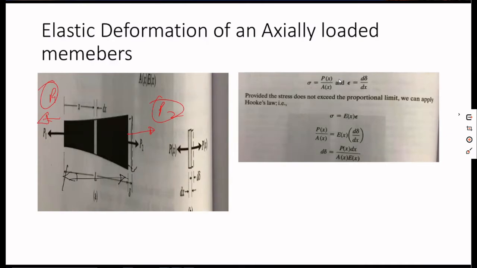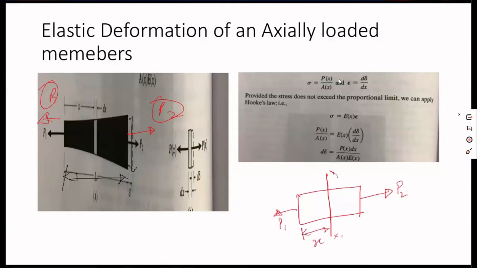For that, in this window I have shown what sigma is. Sigma will be equal to Px upon Ax. Now what are Px and Ax denoting? Px is the load applied at cross section X. Whatever diagram we have like this, we have applied some loading here, P2 and P1. And this is one section we have cut at distance X. This is my section.